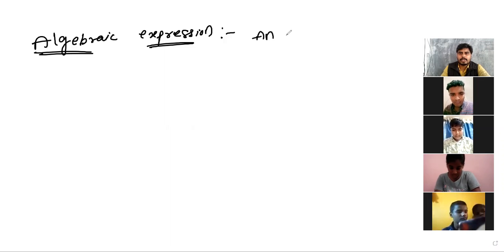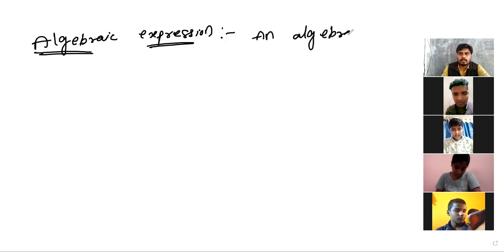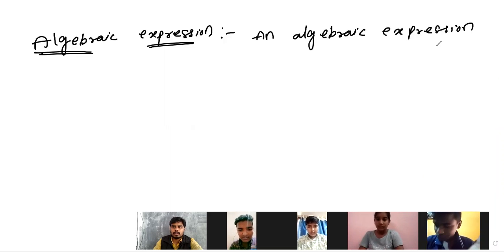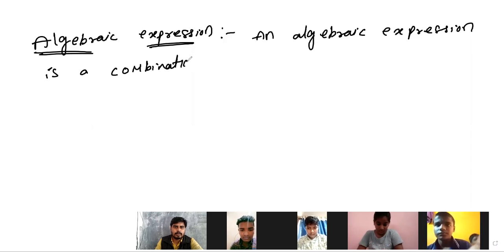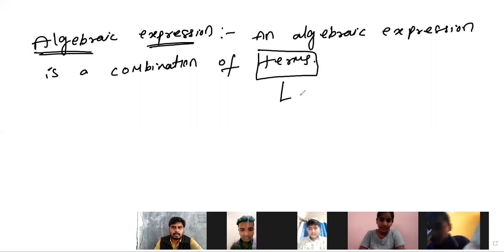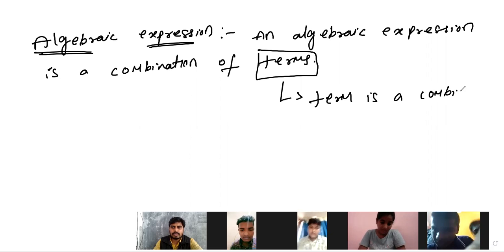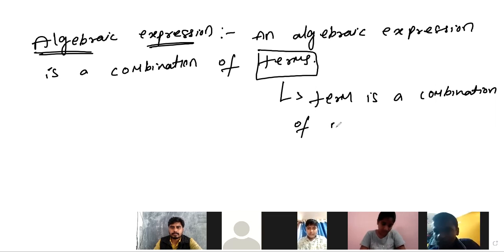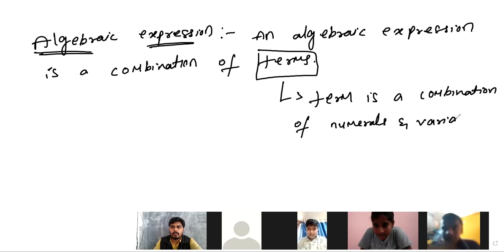An algebraic expression is a combination of terms. Then what is meant by term? A term is a combination of numerals and variables.